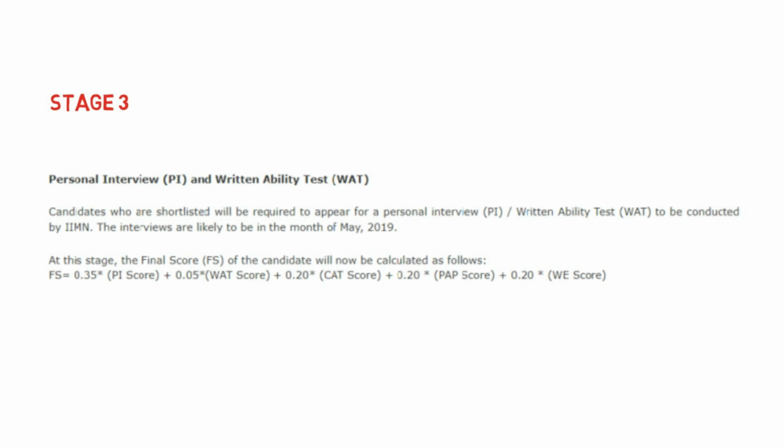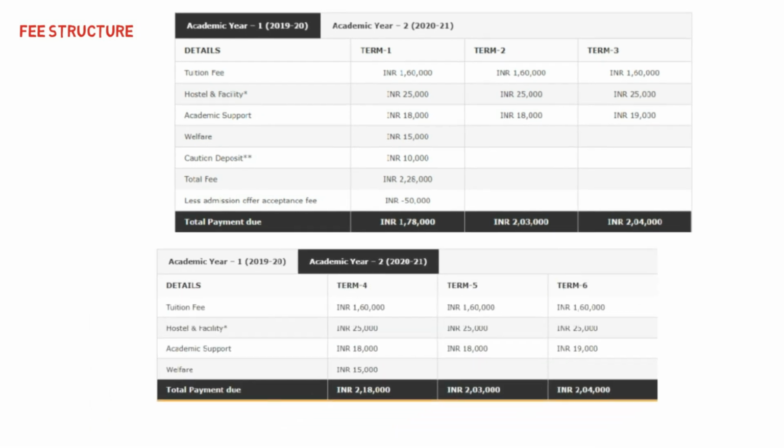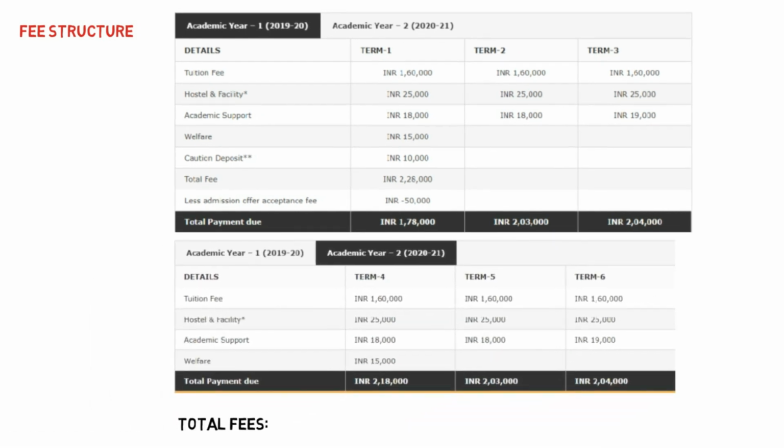So that was the selection procedure of IIM Nagpur. After the selection procedure, let's now look at the fee structure. The above table is the fee structure for academic year 1 and the table below is the fee structure for academic year 2.